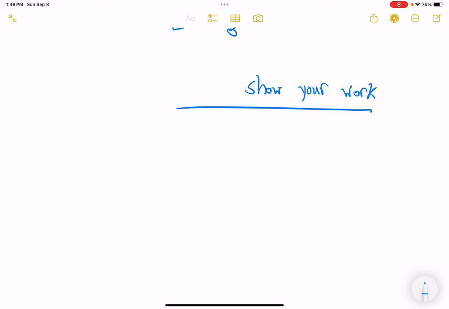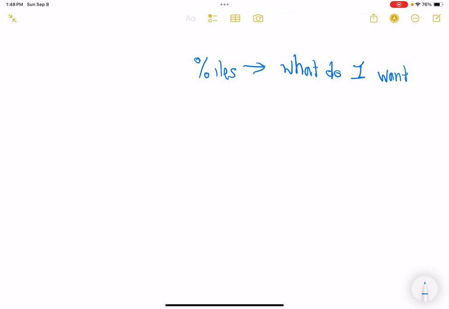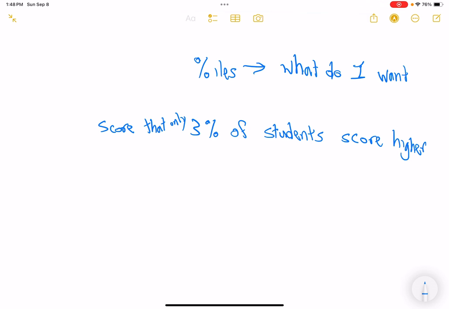For percentiles, this is something people slip up on every once in a while, so I will remind you of it. Remember with percentiles what it is you are looking for. What do I want? If a question says, find the value that only 3% of people do better than, or find the score that only 3% of students score higher than, I do not want the 3rd percentile.